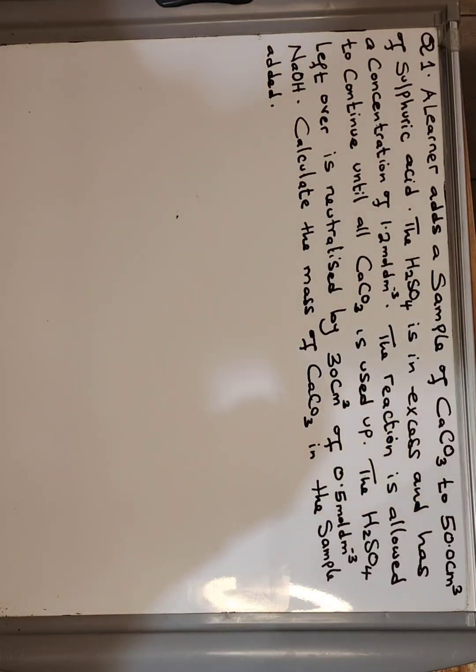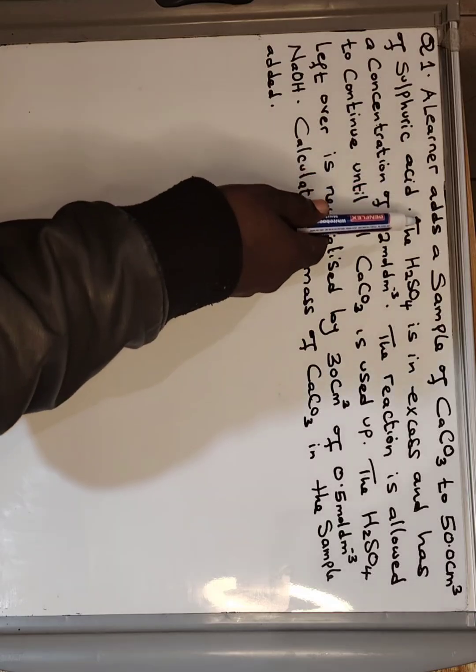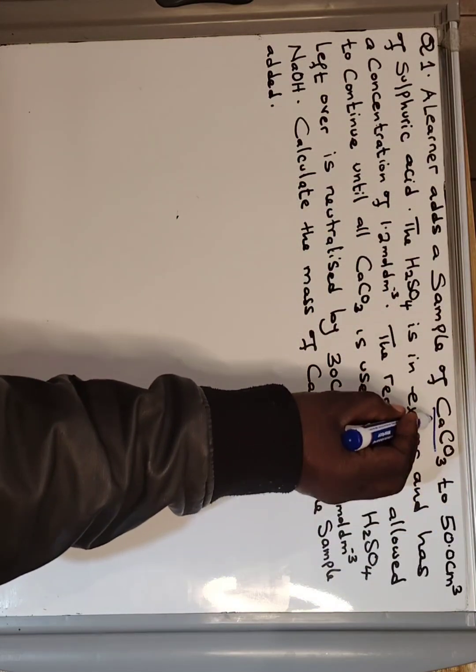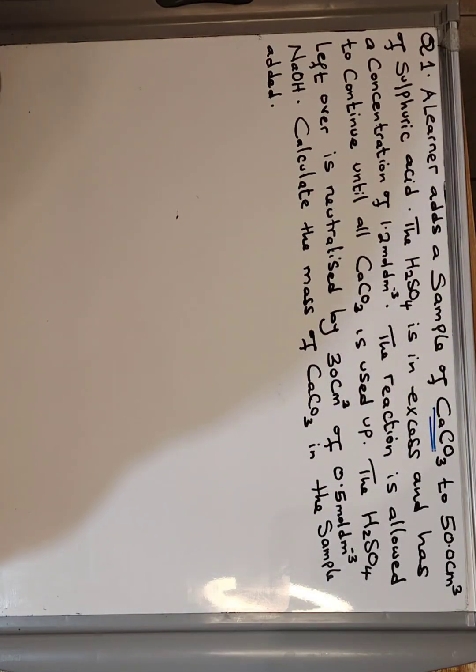Okay, let us go through the question a bit and see what we have. Elana adds a sample of calcium carbonate to 50 cubic centimeter of sulfuric acid. Then what else do we know? The sulfuric acid is in excess.